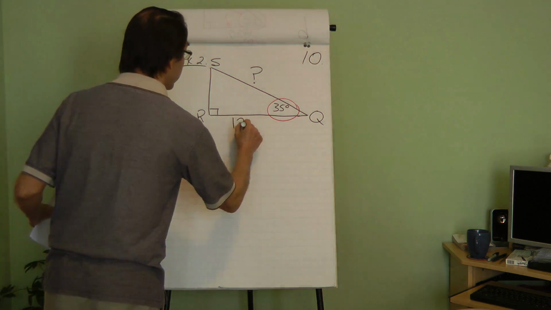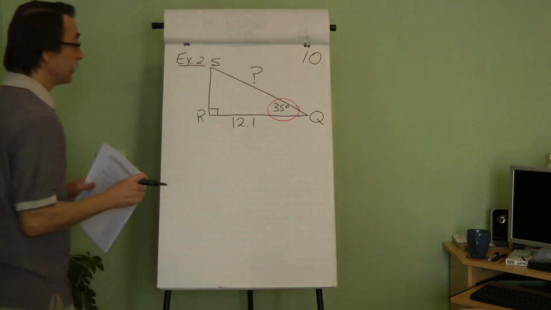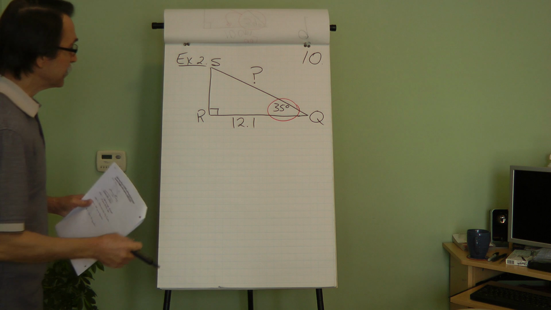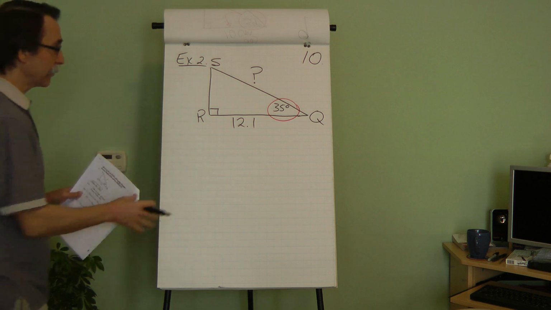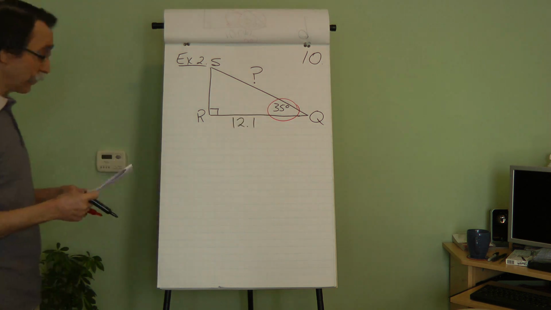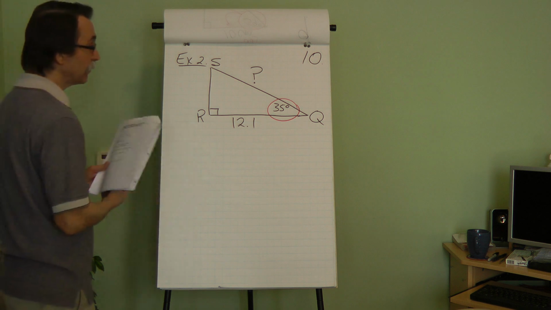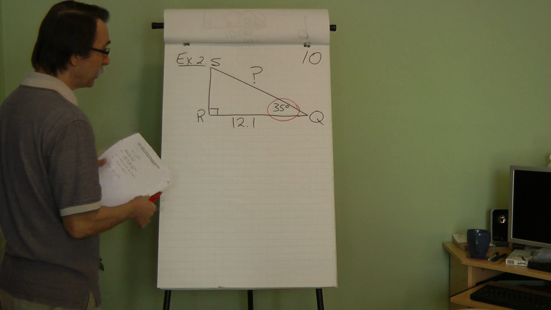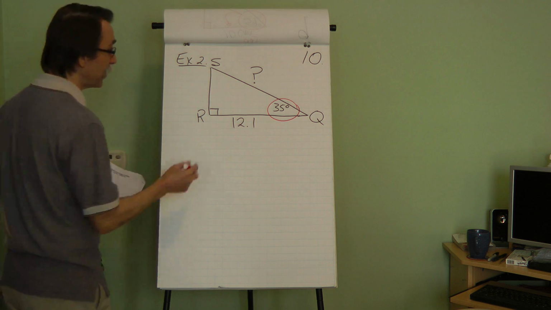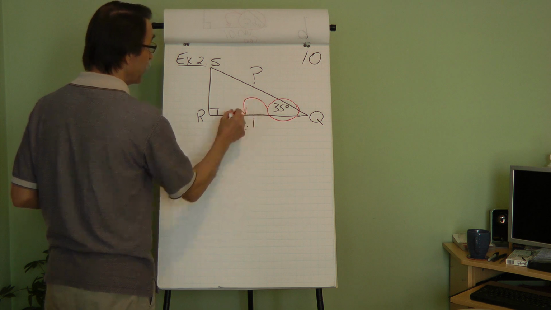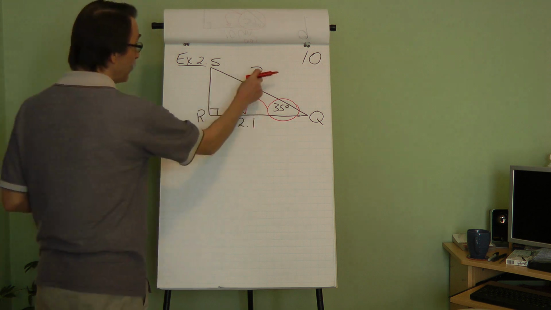This should be right there. Now I've just not bothered to write down inches, feet, meters, whatever. I'm not going to clutter up my diagram any more than it needs to be. So there's the angle of interest, and I'm going to name the two sides. I'm interested in this side, and I want to know this side.